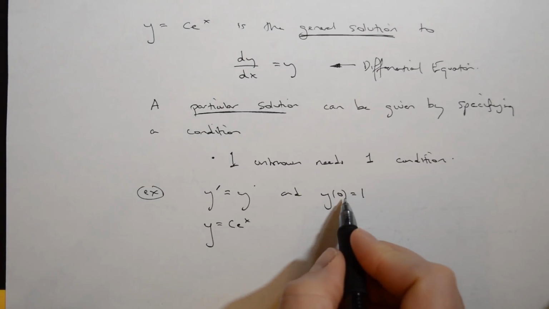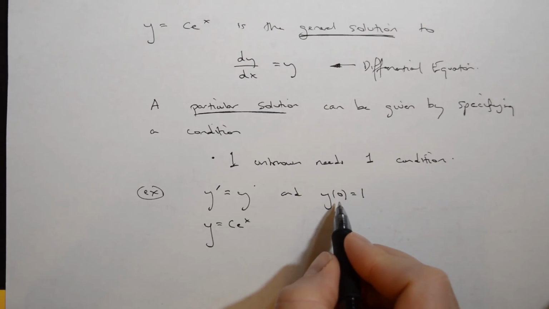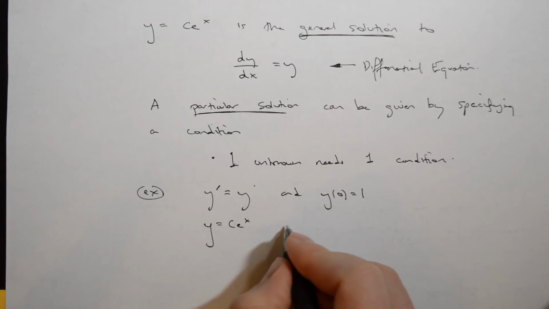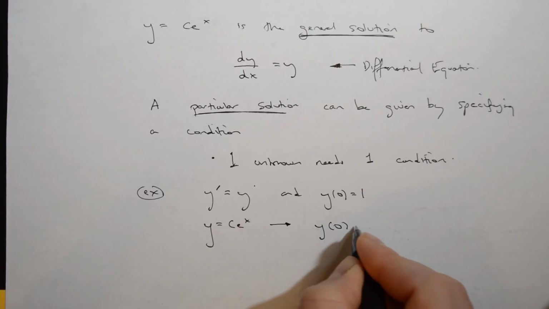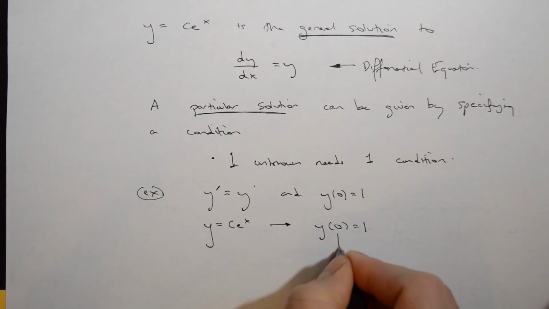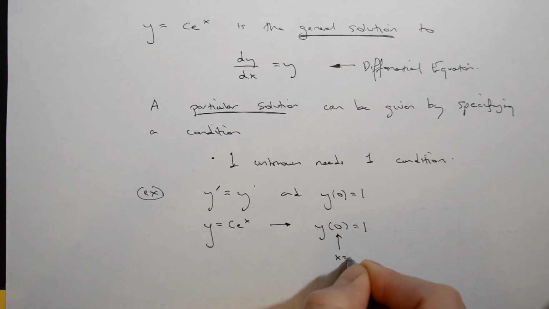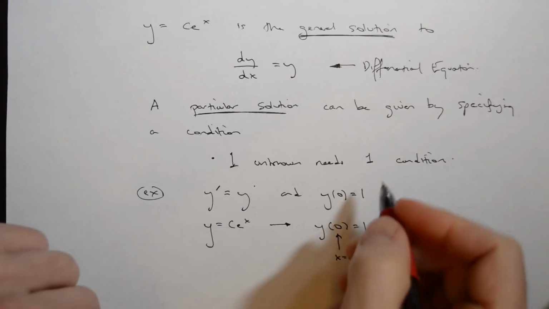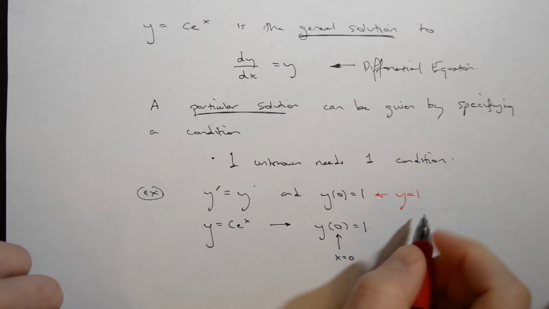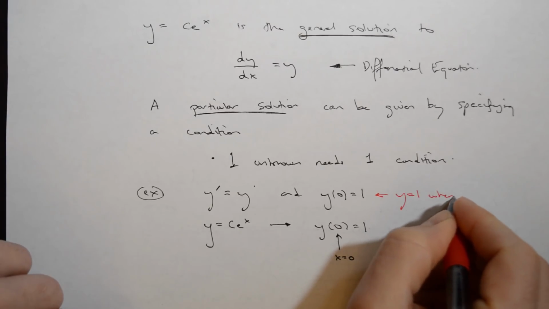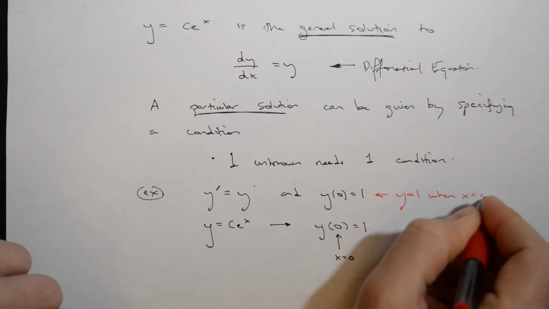Now we plug in this initial condition, y of 0 equals 1. Notice this is saying x equals 0 and y equals 1. It's important when you look at a condition like this that you distinguish the independent and dependent variable. So y equals 1 when x equals 0.